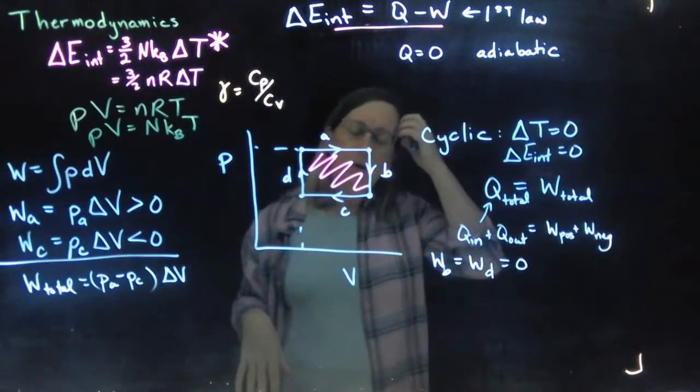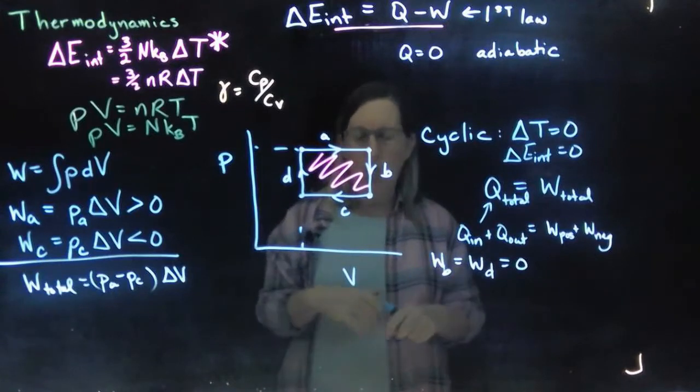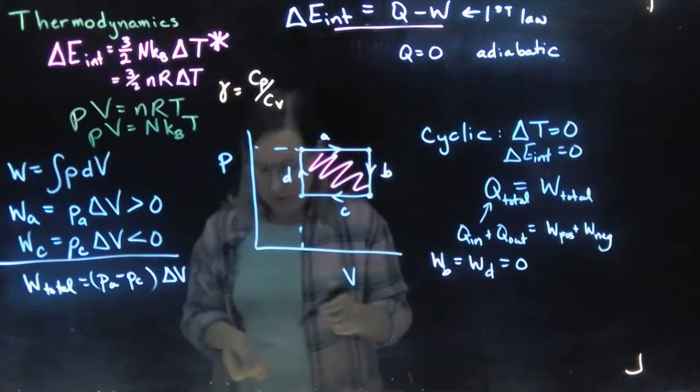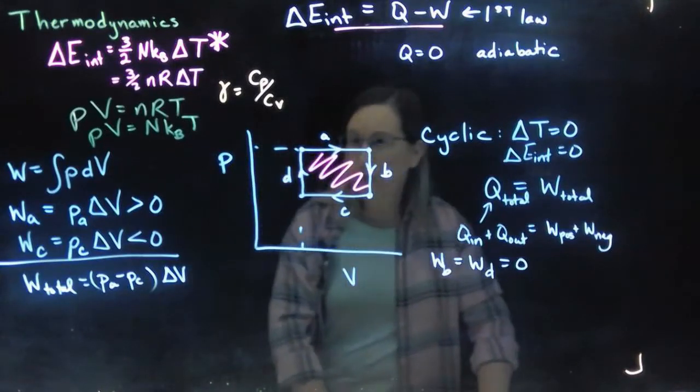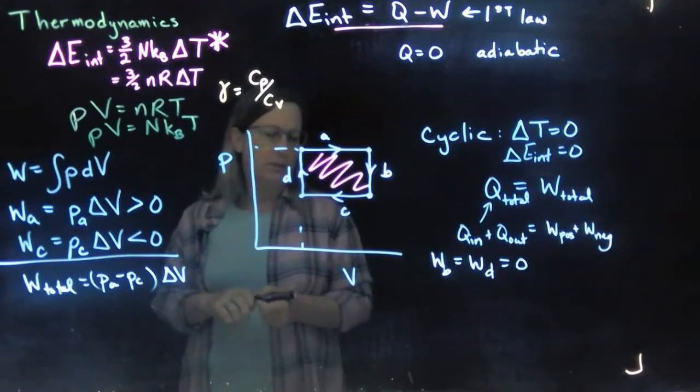Now, we can look at what heat goes into giving us this total amount of work. And we can look at it in terms of, right, we had our equations for heat transfer with constant volume and heat for constant pressure.